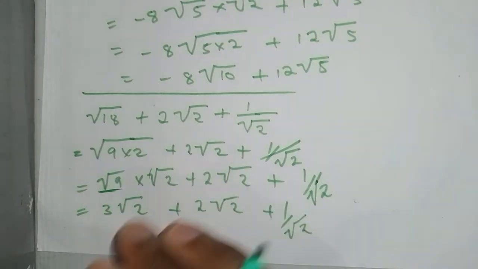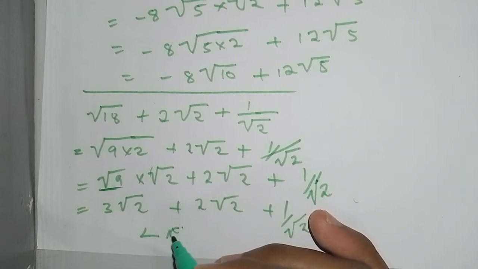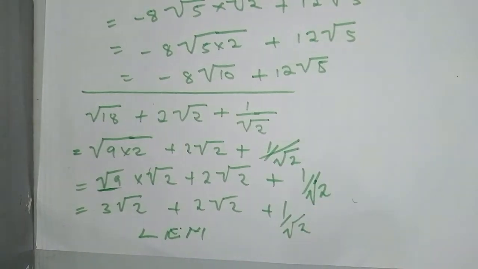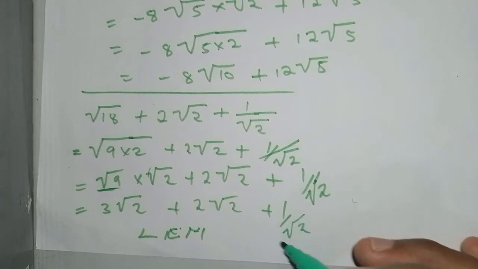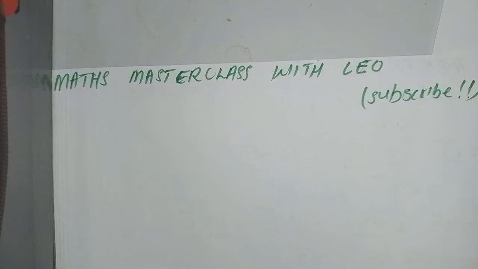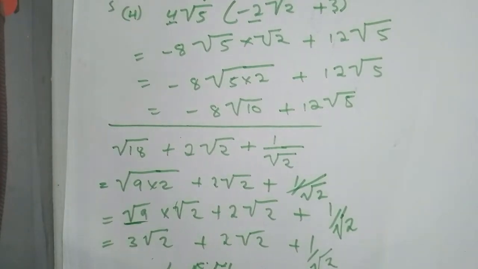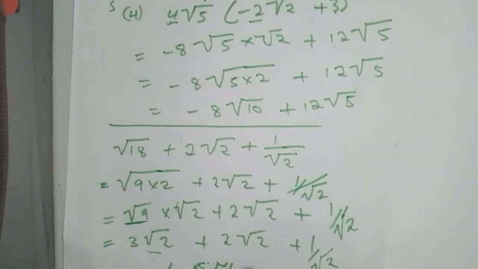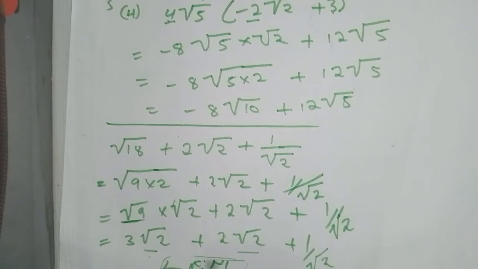And then here you can use the LCM, the lowest common multiple. What is your lowest common multiple in this case? Something that I've realized is that we have this common here, so you might not need this.